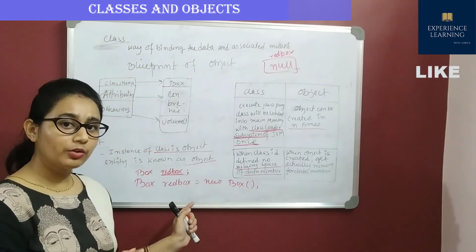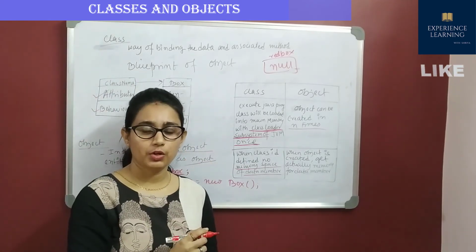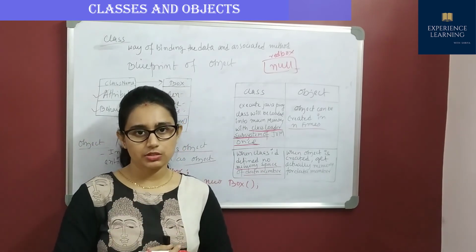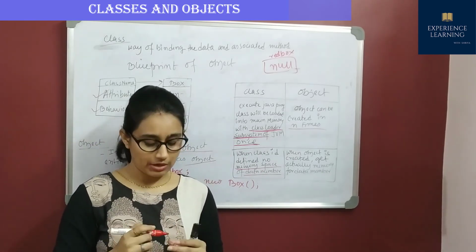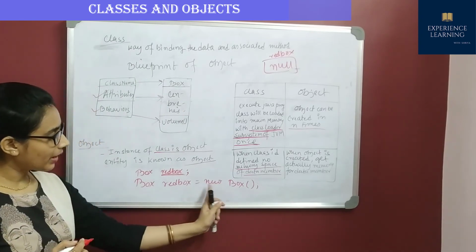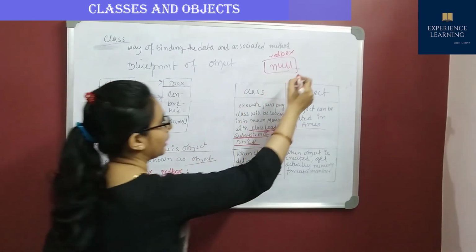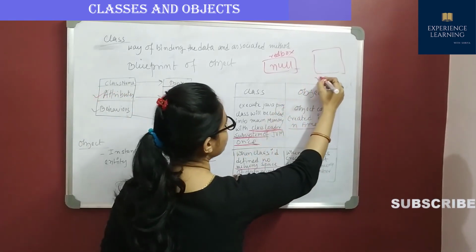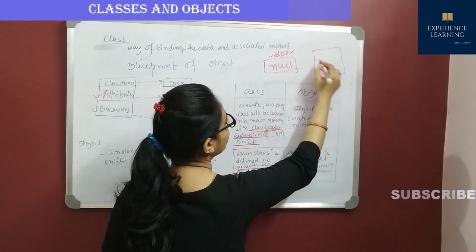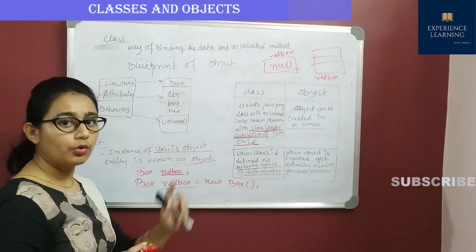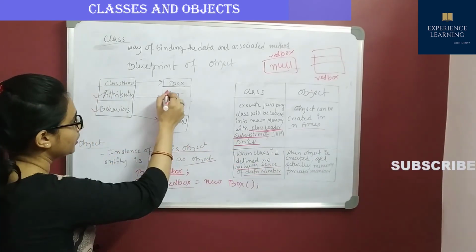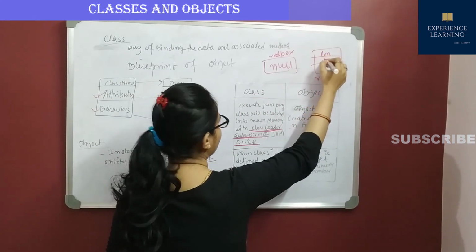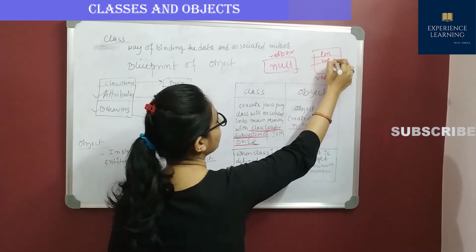From where will it be allocated? From the heap area. This is also discussed in the previous lecture on the JVM architecture. So whenever you write new box, that time the red box object will allocate memory for the data members, here length, breadth and height.